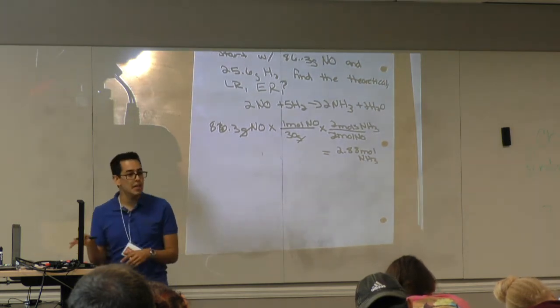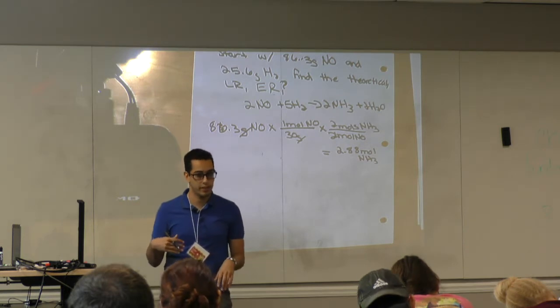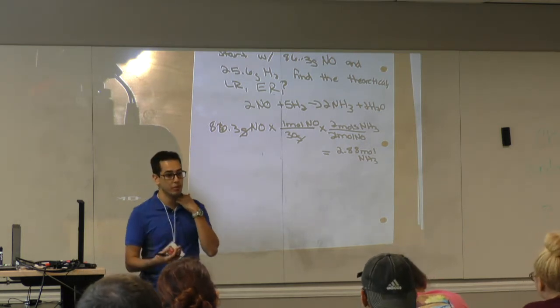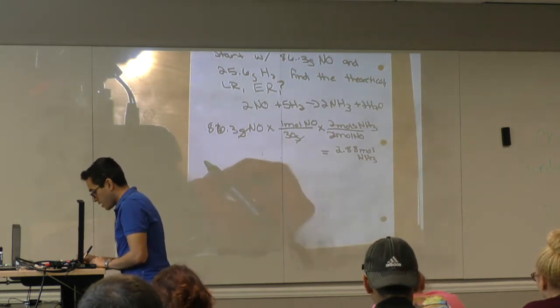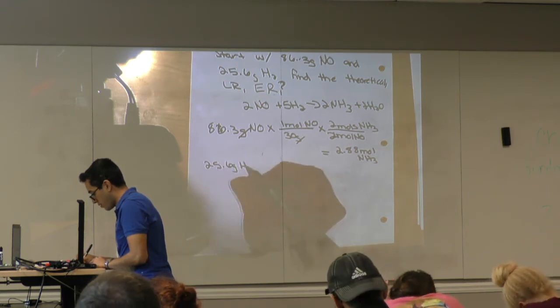Now we're going to keep that number, put it to the side, and come back to it later. Now we have to start with the other reactant and see how many moles it produces. The other reactant in this case is H2. We know we have 25.6 grams of H2.